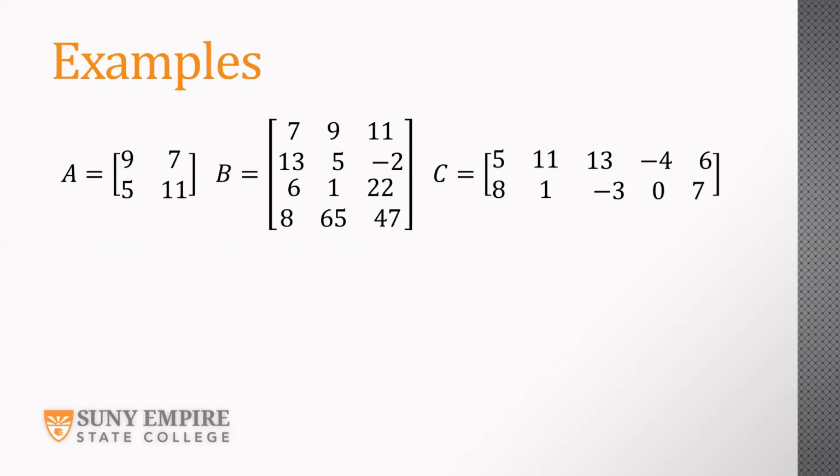Suppose we have some matrices. Matrix A is 9 and 7, then 5 and 11. Matrix B is 7, 9, and 11, then 13, 5, and -2, then 6, 1, and 22, then 8, 65, and 47.